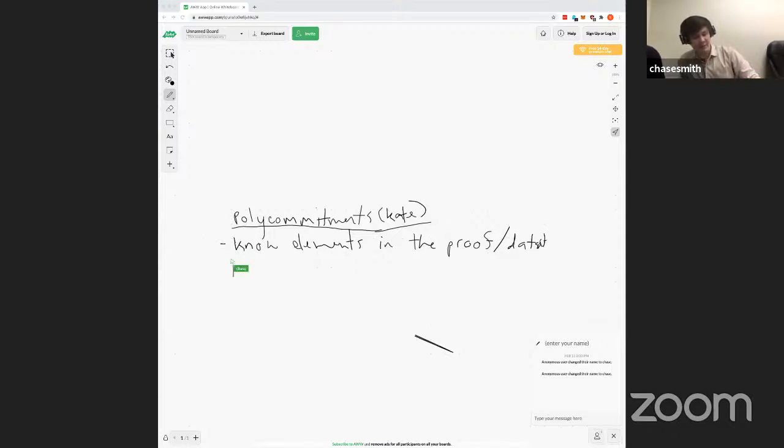So the trusted setup is for the creation of the public key. So it's for the creation of the initial polynomial commitment, meaning the initial structure when you're initializing it.